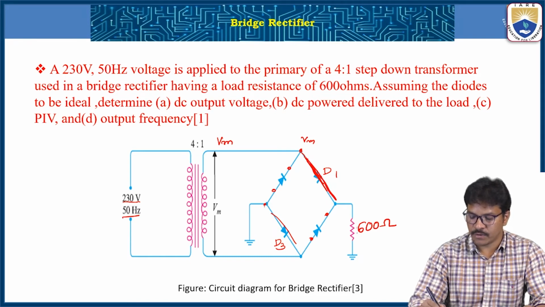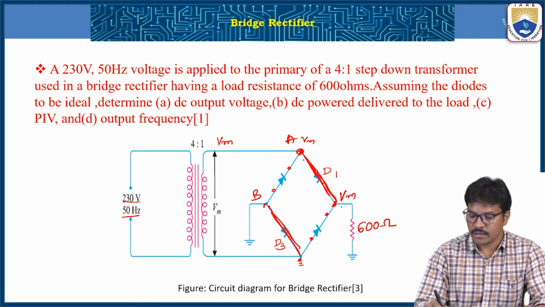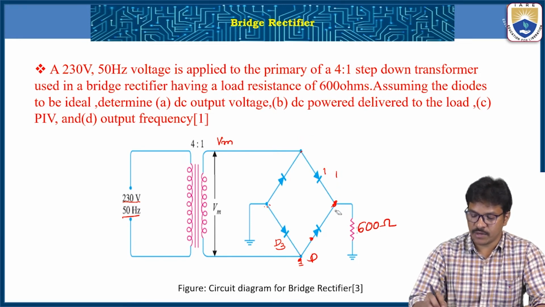So A, B, C, D are parallel. In parallel, voltage is same. The same Vm voltage is available across the reverse bias PN junction diode.